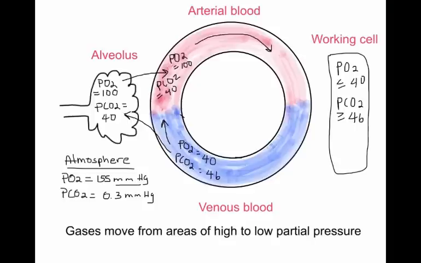So this is a capillary bed right in this area. This is a capillary bed. And so it'll enter these capillary beds with a partial pressure of oxygen, still 100, and a partial pressure of CO2, still 40. And the same thing happens at the capillary beds around the tissues.